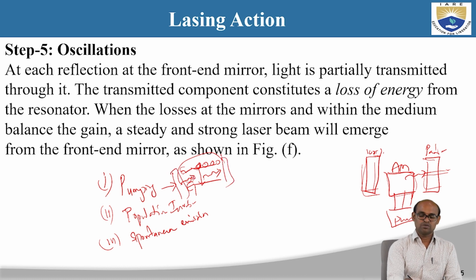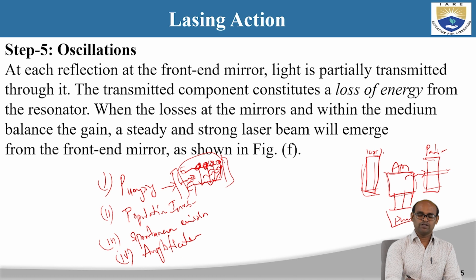This input photon can trigger the atom to undergo stimulated emission, which emits coherent photons. These coherent photons are in phase and they undergo constructive interference.